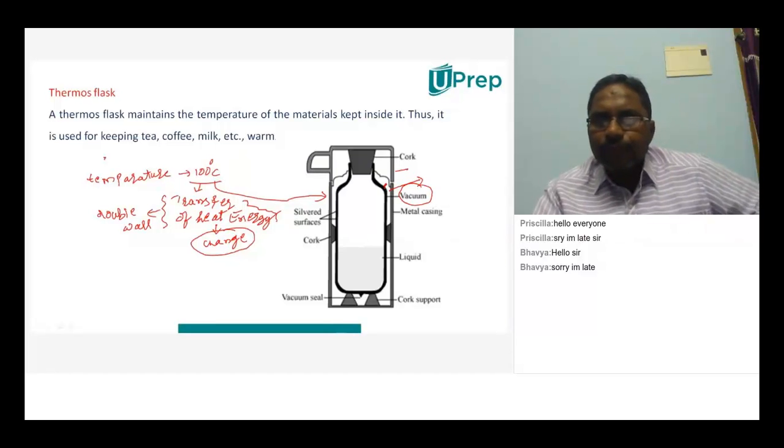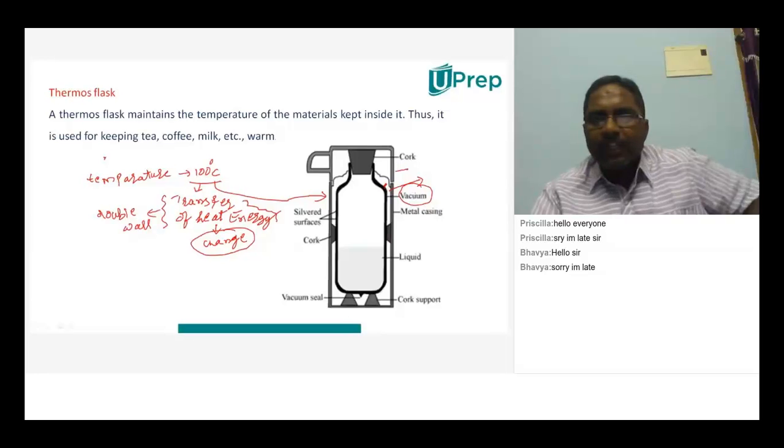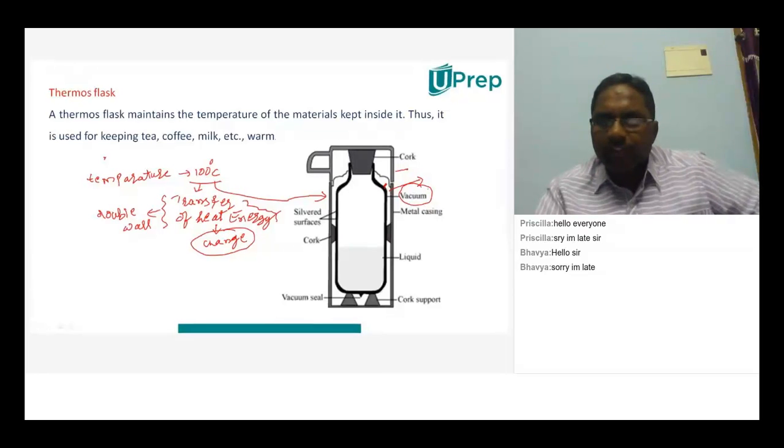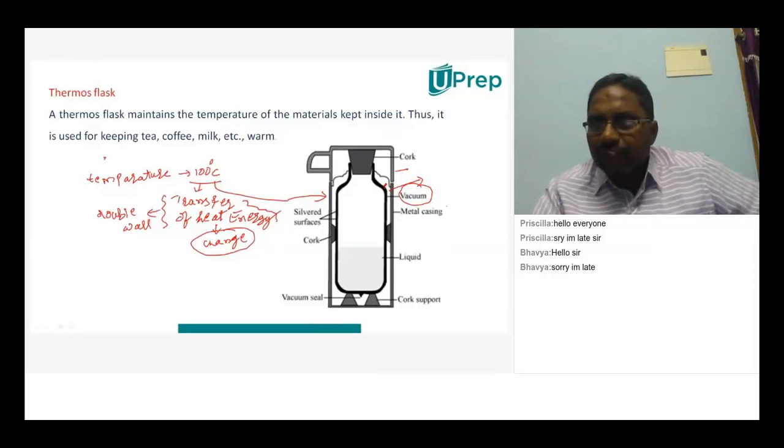Why vacuum? When vacuum is there between the two walls, the transfer of heat energy will not happen, by which process? Either by conduction or by convection.